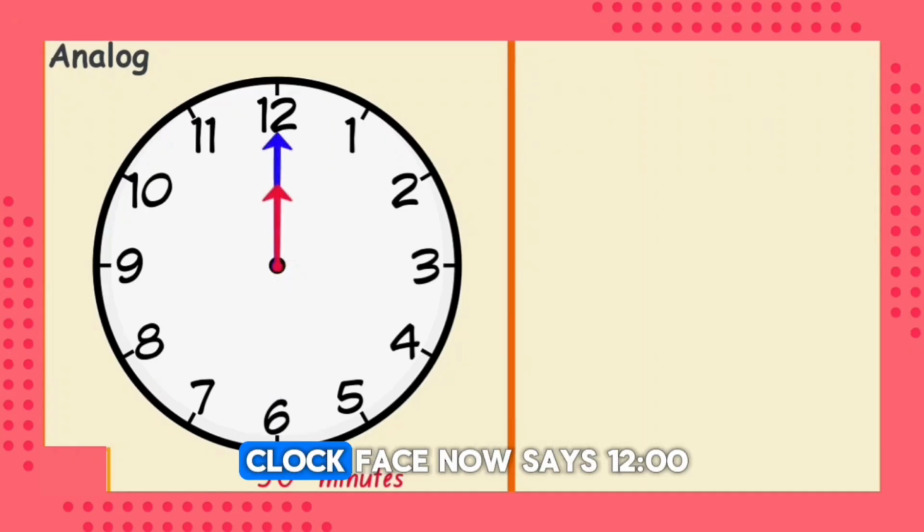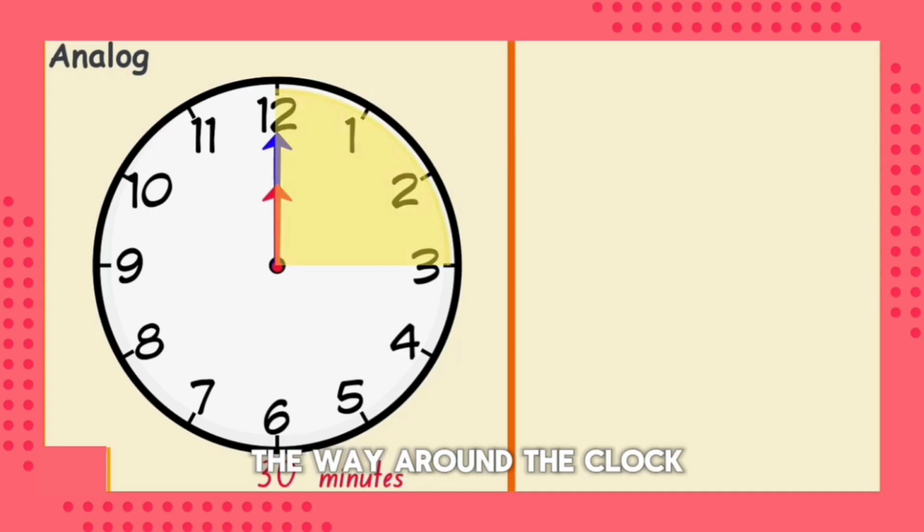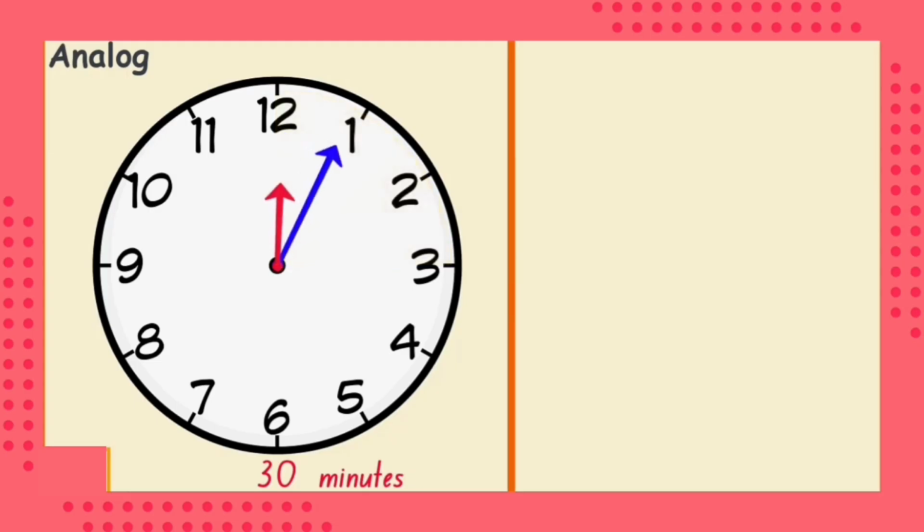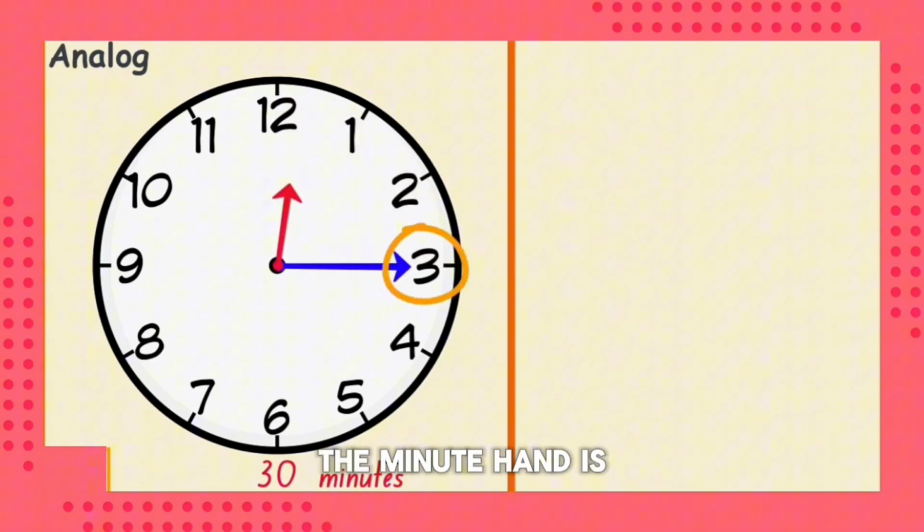The time on the clock face now says 12 o'clock. Now watch what happens when the minute hand only travels a quarter of the way around the clock. As you can see, the minute hand is now pointing at the number 3.